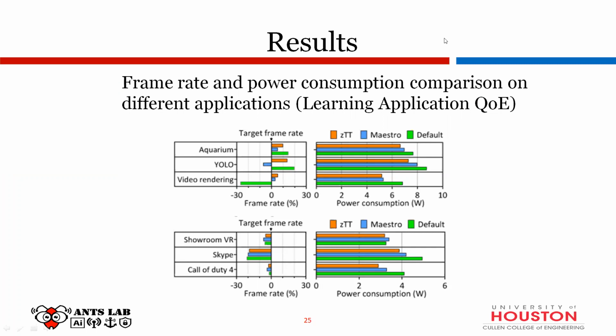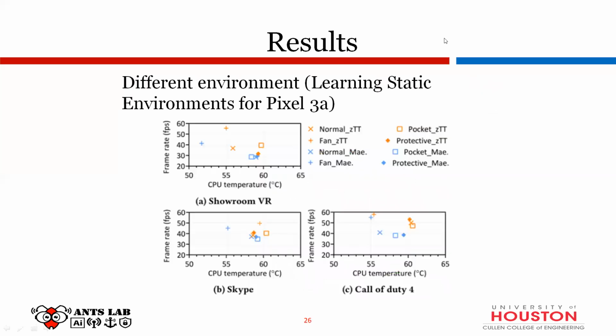As for power consumption, it's more intuitive: the shorter is better. Here we can see that in performance, zTT does better overall, although sometimes it loses some performance. But in power consumption, it's pretty obvious that zTT is the best out of the three, out of Maestro and default. So this is the learning application.